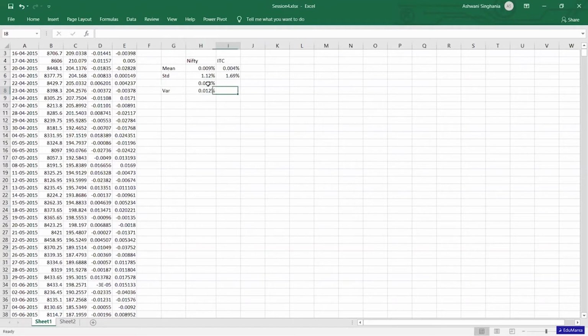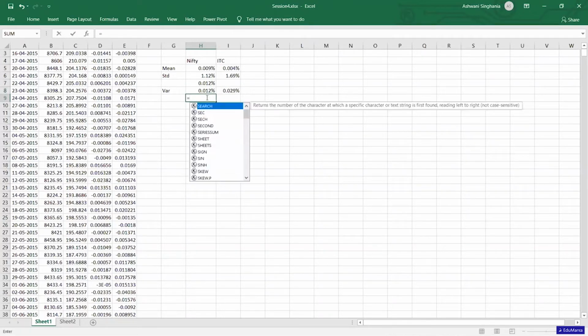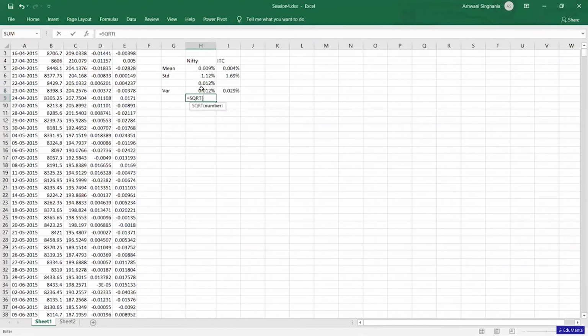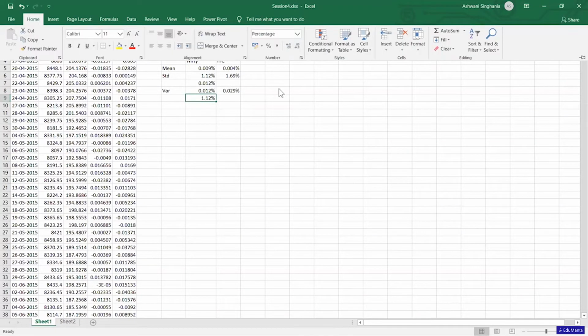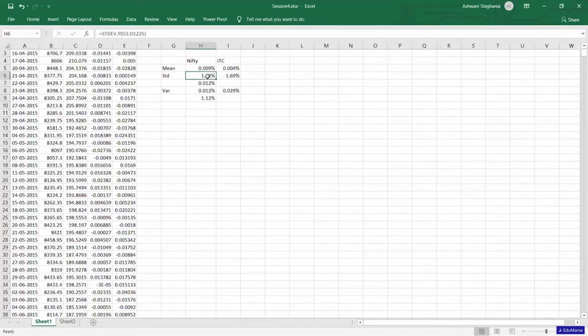If we take the square root of VAR, using SQRT, we again get the standard deviation, which is the same in this case.